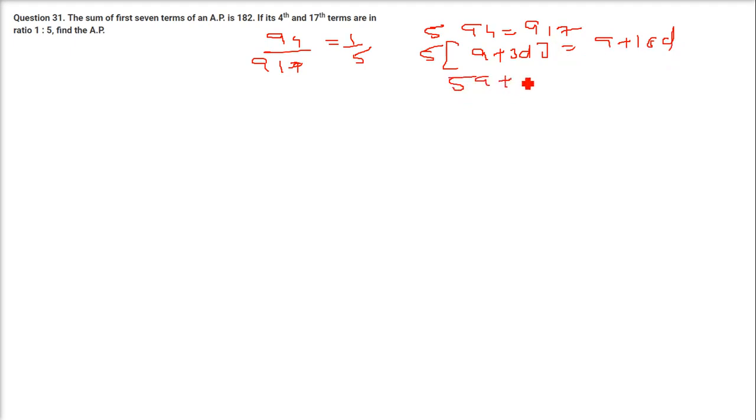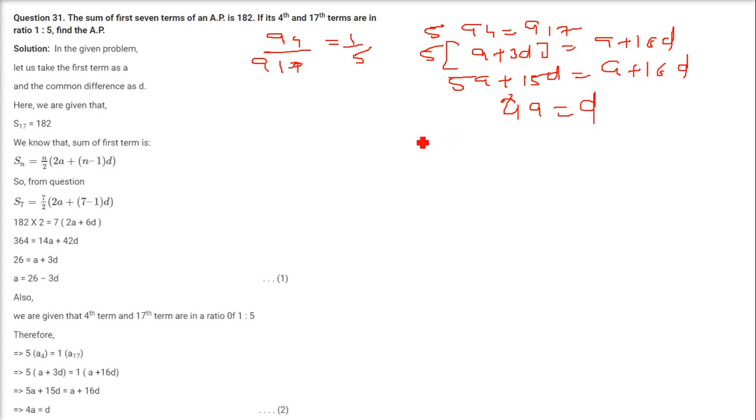So 5a plus 15d equal to a plus 16d. 5a minus a is 4a, and 16d minus 15d is d. So d is equal to 4a, from the first expression.